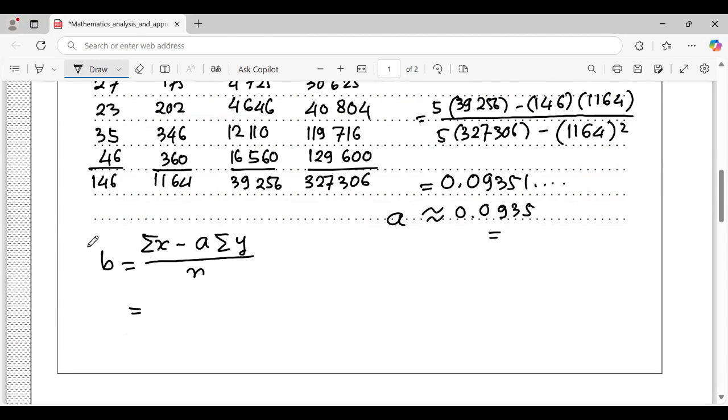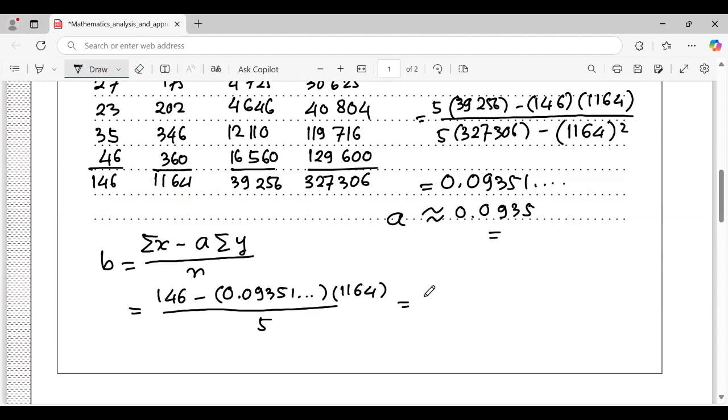Sigma x is this one, 146. a is this one, 0.09351, times sigma y, 1164, divided by 5.